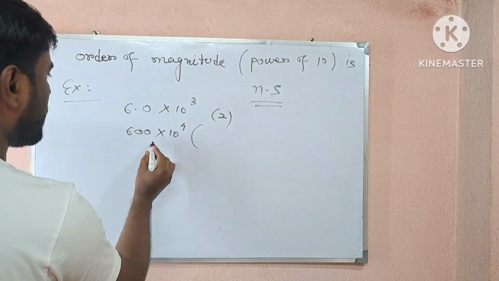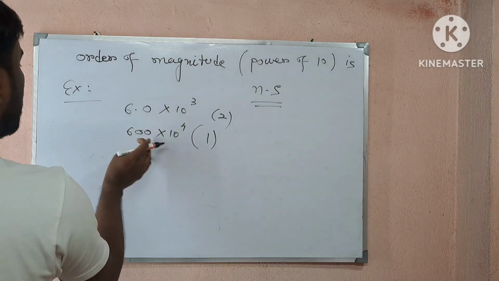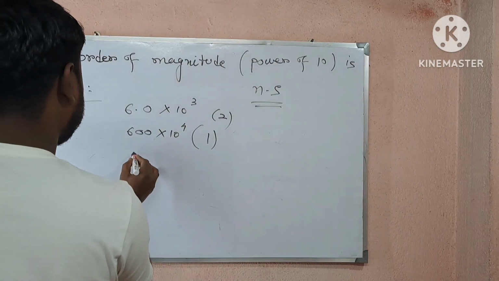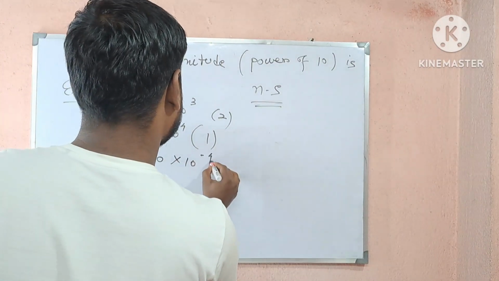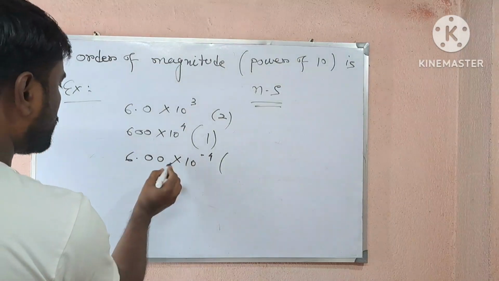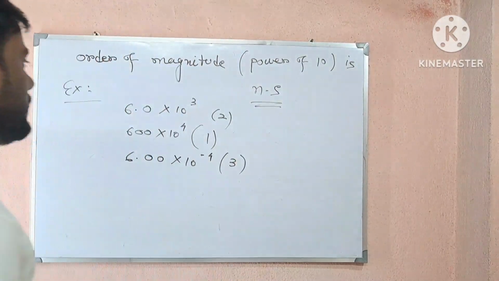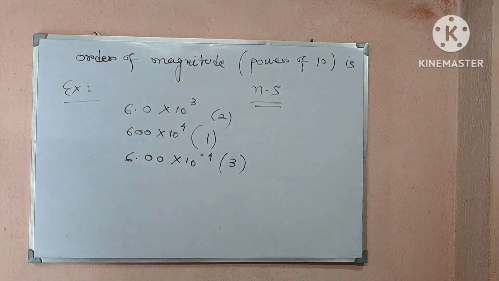How many significant figures are there? 1. Because they are trailing zeros, but no decimal is there before those zeros. So 6.00 into 10 to the power minus 4. How many significant figures are there? 1, 2, 3. So 3 significant figures are there. So you have to remember that power of 10 or order of magnitude is never significant.